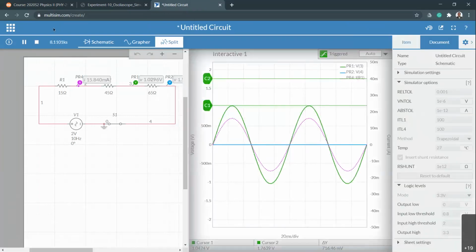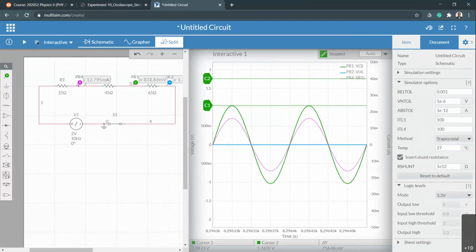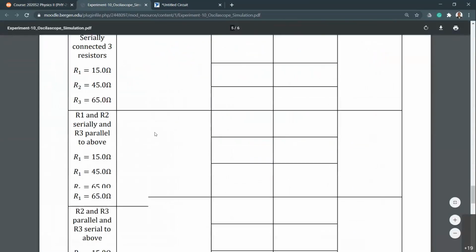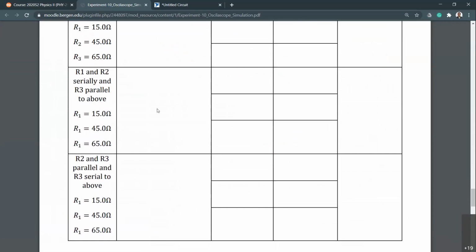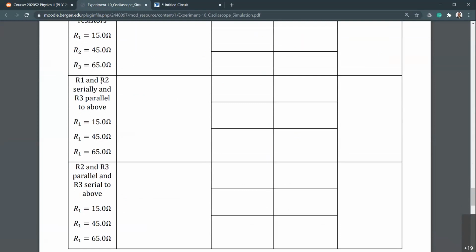Beyond that point is actually very simple to do. All you have to do on your table number 2, you can see there are 2 other circuits, right? So all you have to do is build those circuits. The next circuit is asking R1 and R2 in series, R3 in parallel. If you take a look, these are the same circuits which we built in, I think, experiment number 3.